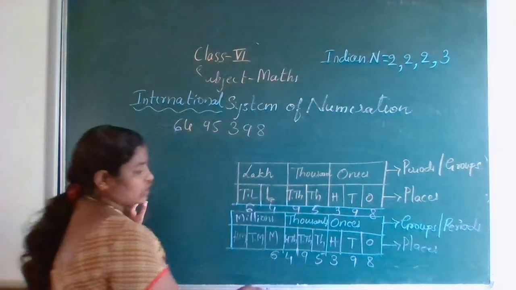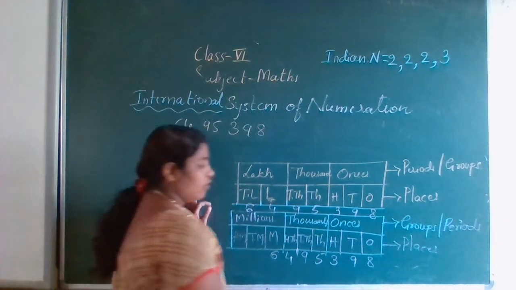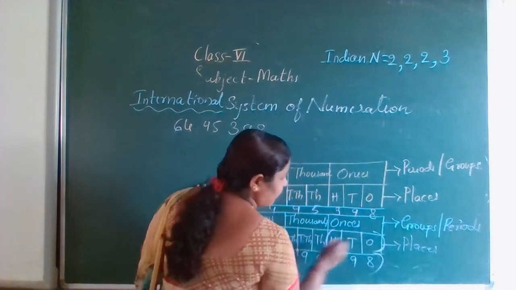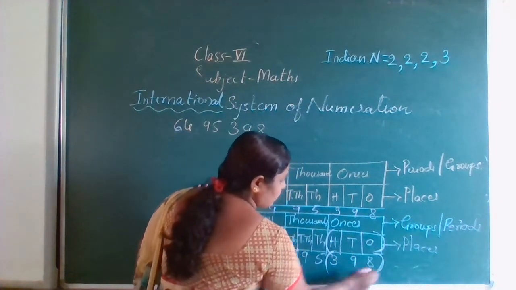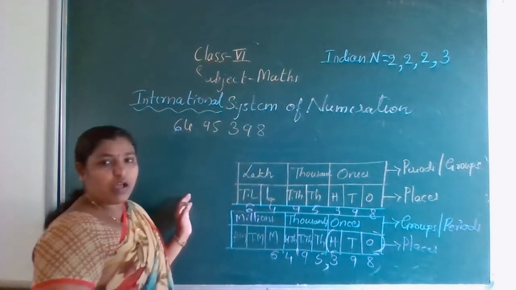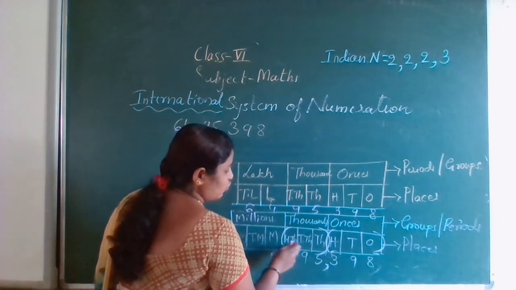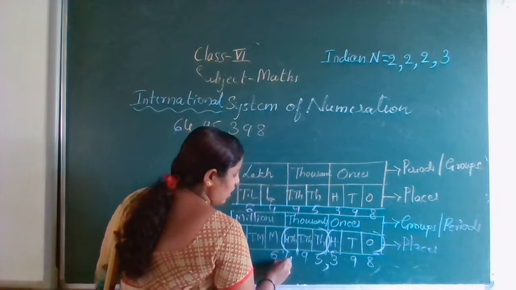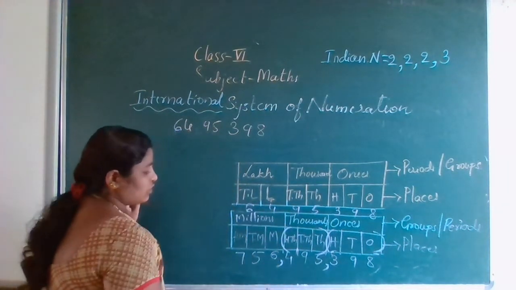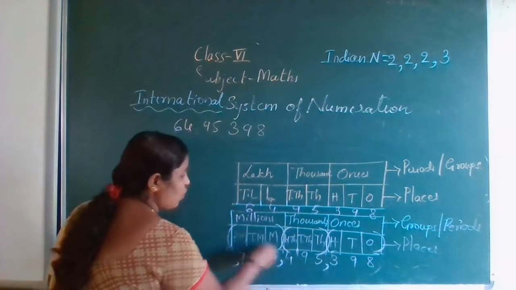But in the international system, how should we read it? First, how to give the comma. First 3 places, so this is one group. After 3, one comma. And this is again one group, the thousands group, 1, 2, 3 places. After these 3 there are 2 more numbers, so this is also one group.